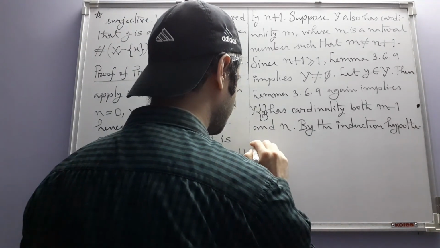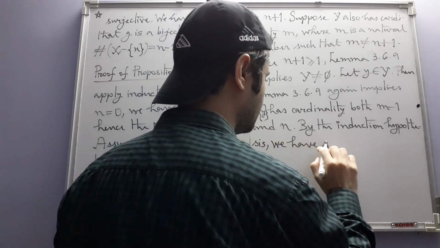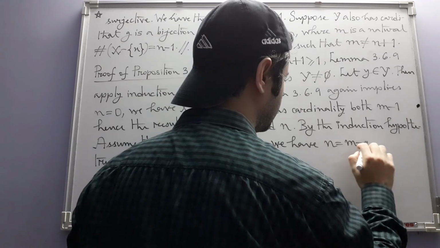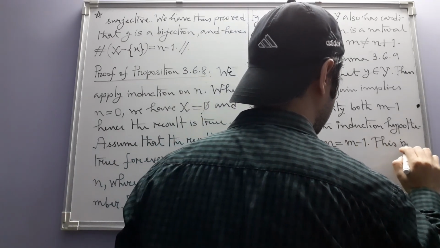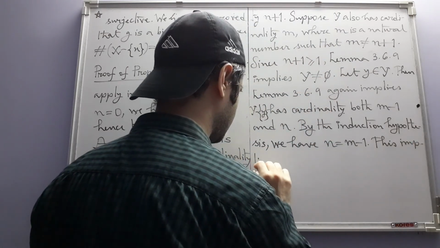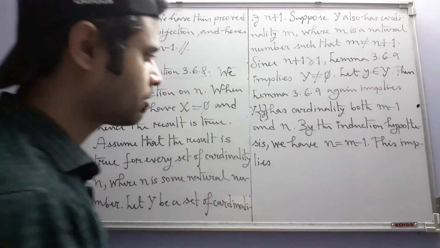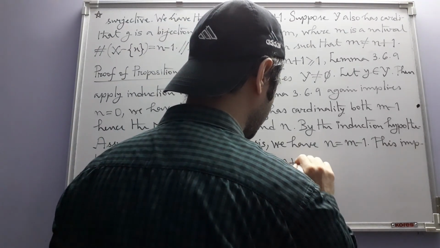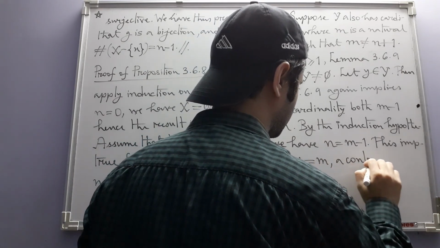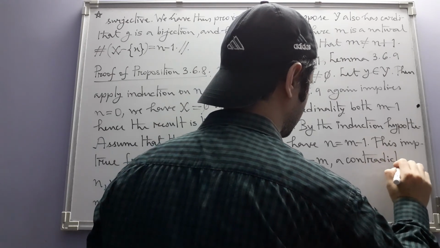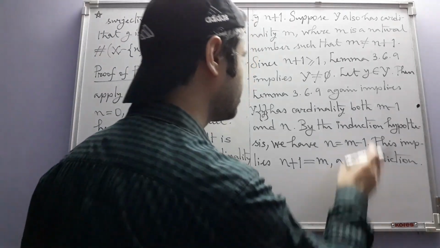So by the induction hypothesis, we have n equal to m minus 1. This implies, so if 2 natural numbers are equal, their successors are also equal, n plus 1 equal to m. A contradiction, and it is contradicting directly what we have supposed.